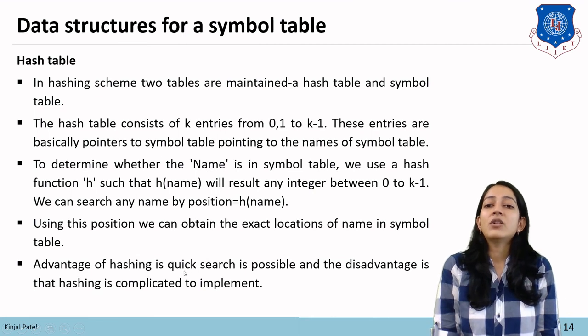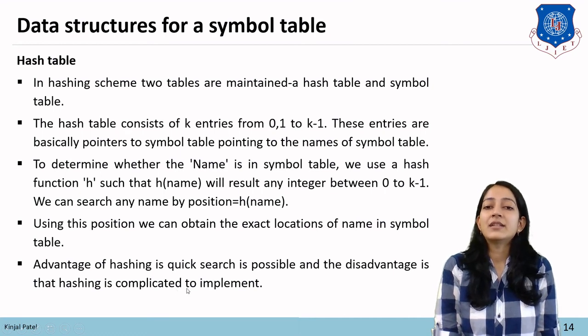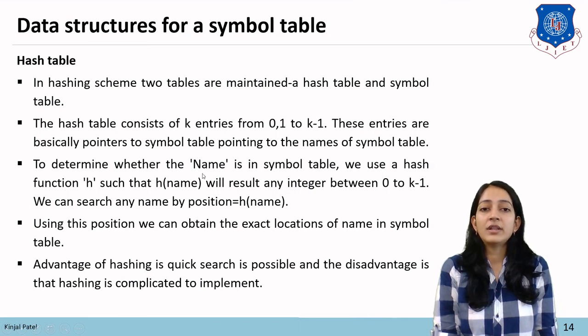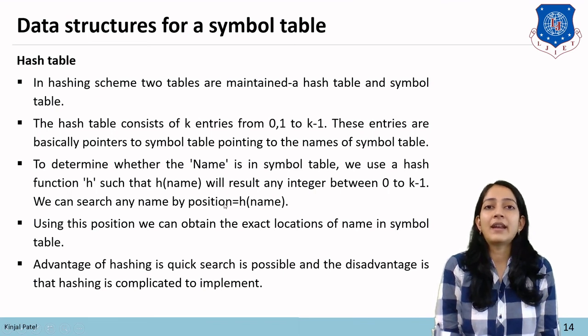The advantage of hashing is that a quick search is possible, and the disadvantage is that hashing is complicated to implement. The most popular technique is the hash table, which is a quick searching method because it uses the hash value to directly retrieve the name we want.